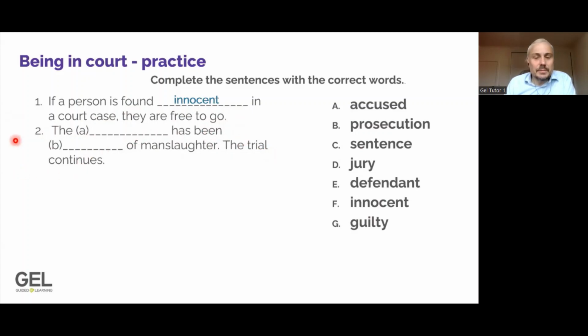Look at the next question below the video and type the 2 correct words from the choices here. Type them in the correct order. 2A first, 2B second, and leave a gap between the 2 words.